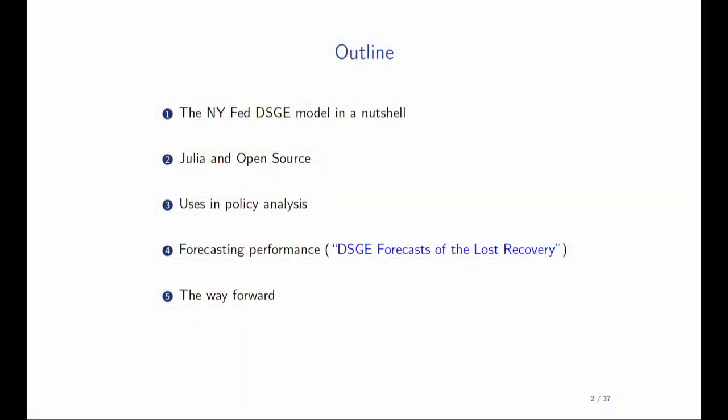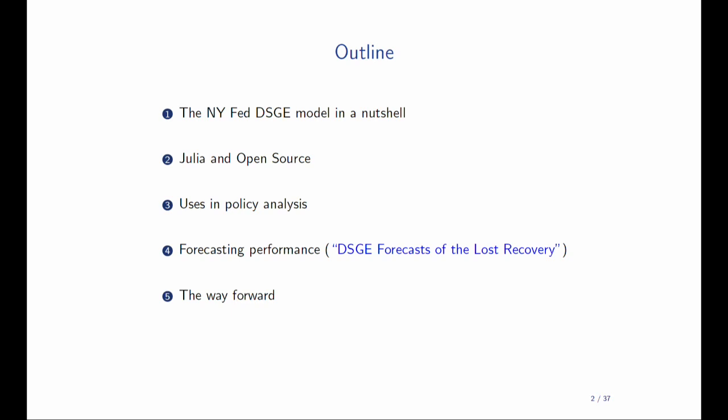So I am going to talk about various aspects of the New York Fed DSGE model. I'm going to start by having one slide that just has a panoramic view of what the model is. Then, given that's why I'm here, I'm going to spend a few slides on why we use Julia and why our code is open source.